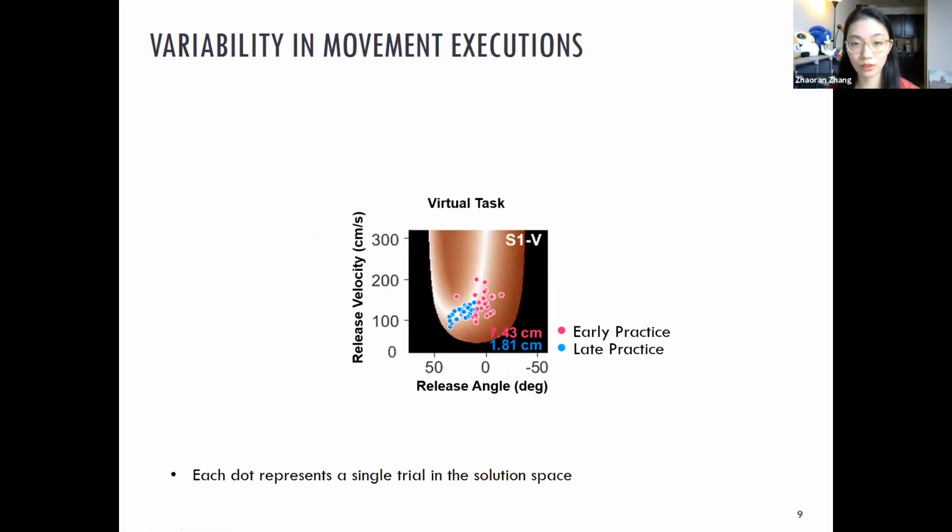Besides the simple measures of hitting rate and performance error, we also analyze the variability in release angle and velocity. Here we find that from the early practice to late practice, the data cloud is getting closer to the solution manifold, which is the white line. And it also lies along the solution manifold with practice, and the dispersion of the data cloud is shrinking.